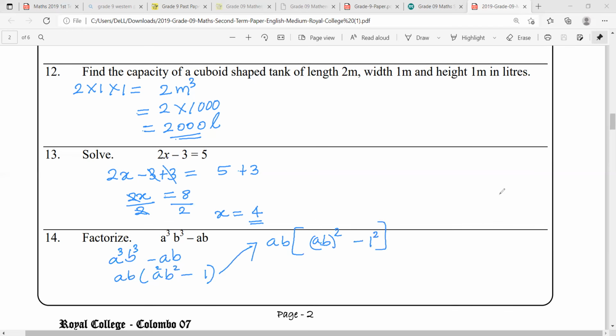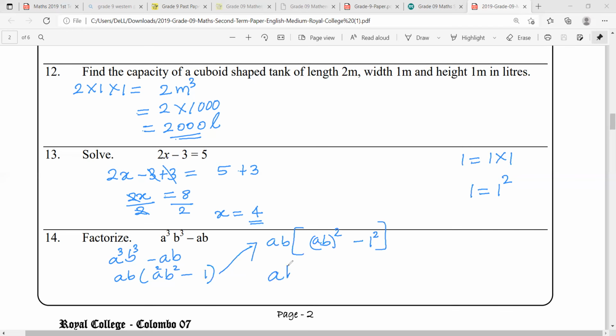You know 1 into 1 is 1, so 1 equals 1 squared.